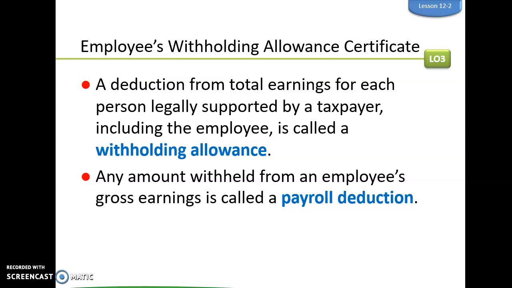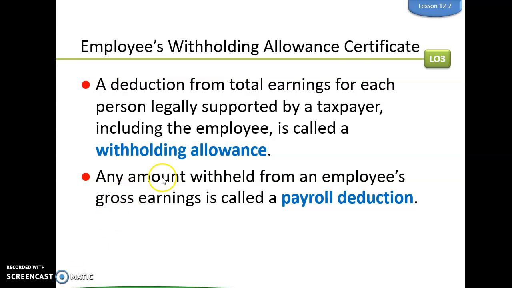So for 2020, the standard deduction amount was $12,400. So if you do not make more than that, you could file exempt and not have any state or federal taxes taken out.